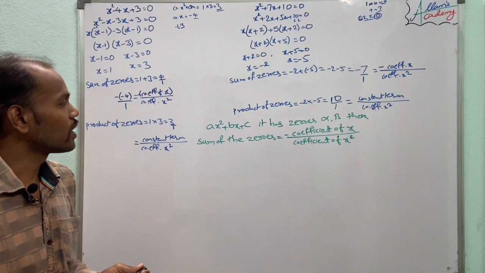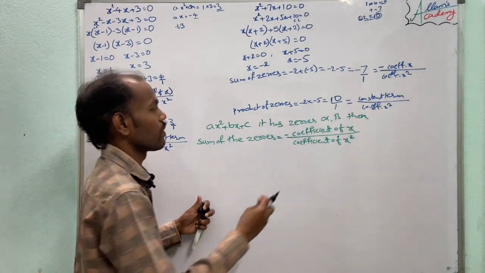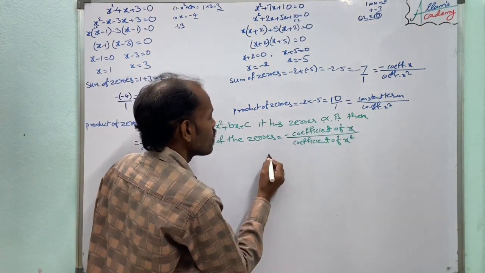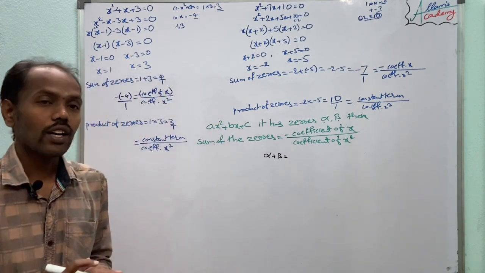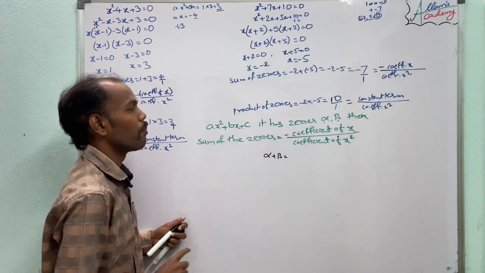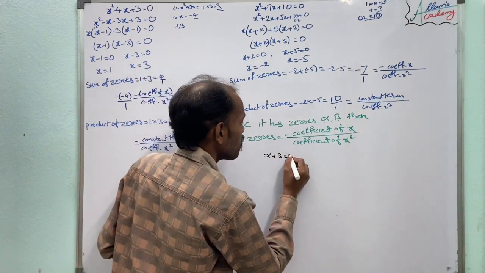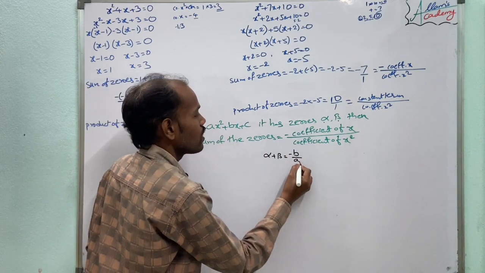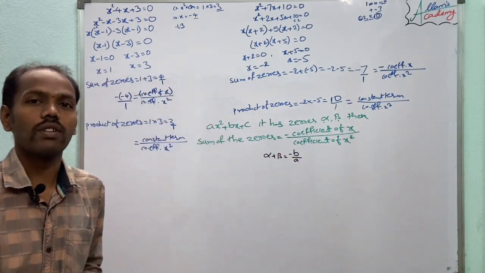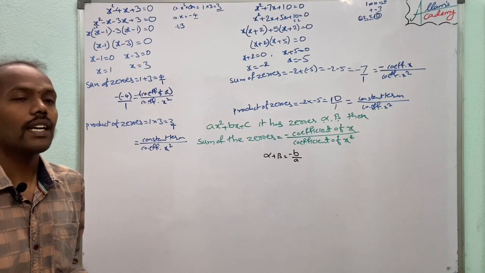Here the coefficient of x is b and the coefficient of x square is a. So alpha plus beta equal to minus b by a.